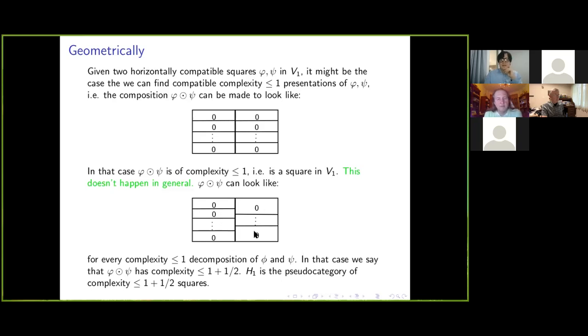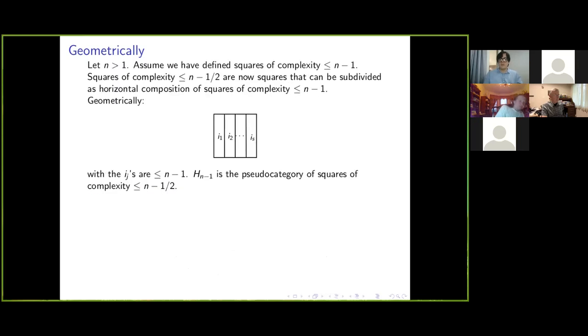And so we can't make them into a square of complexity less than or equal to 1. So we say that horizontal compositions like this are squares of complexity less than or equal to 1 plus 1/2. The 1/2 is just the fact that we can compose them horizontally. Then we compose these vertically. Sometimes these vertical compositions can be rearranged, sometimes not. When they can't be rearranged, we call these vertical compositions squares of complexity 2.